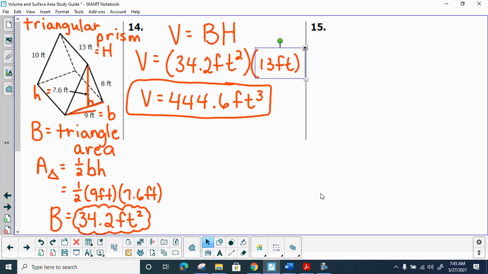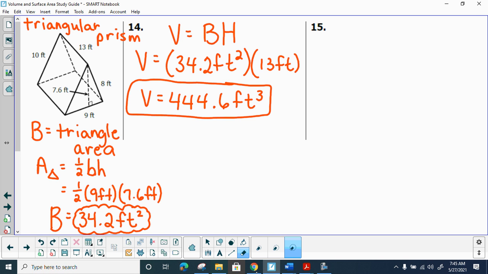That's a lot. Now we want surface area. Okay, so let me do a little erasing here on the diagram. I need to just do a little bit more marking on it. All right, so imagine unfolding that prism or cutting it apart into its pieces.